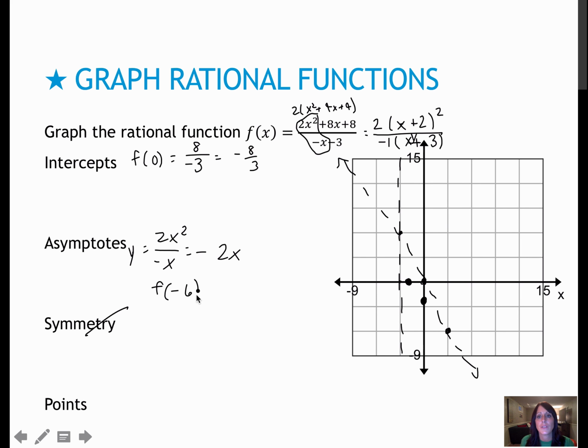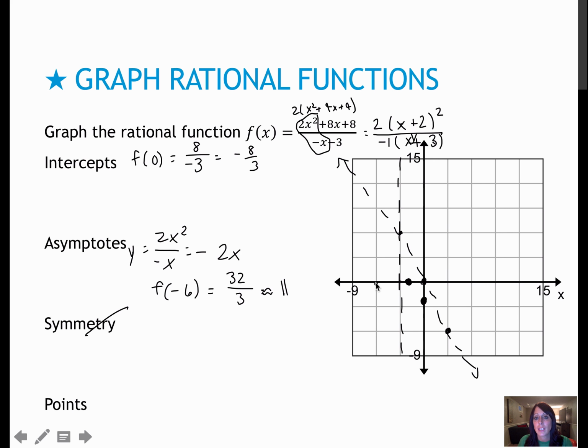So f of negative 6. Again, it's generally easier to use this one. Negative 6 plus 2 is negative 4, squared is 16, times 2 is 32 on the top. Negative 6 plus 3 is negative 3, times negative 1 is positive 3. So this is going to give me a positive value that's really close to 11.